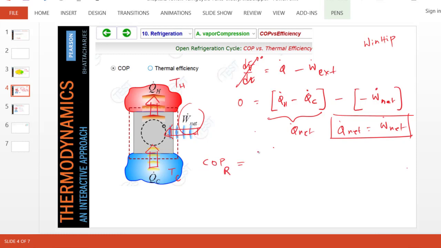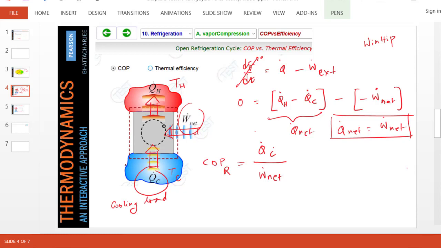The desired thing is Q dot c, and the required input is W dot net. So Q dot c is called the cooling load. A very standard terminology, which means this is our desired heat transfer.